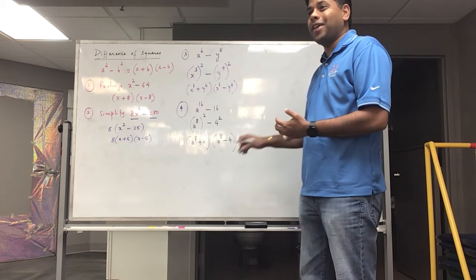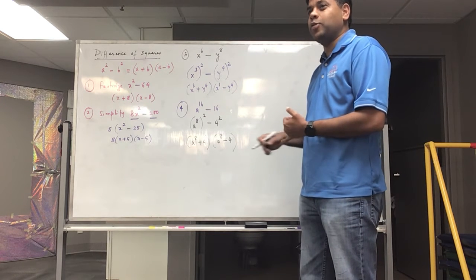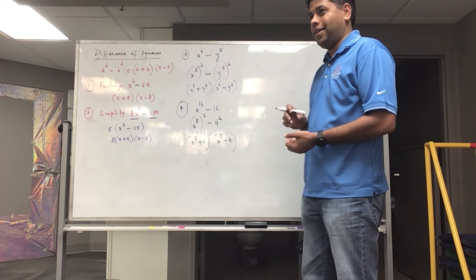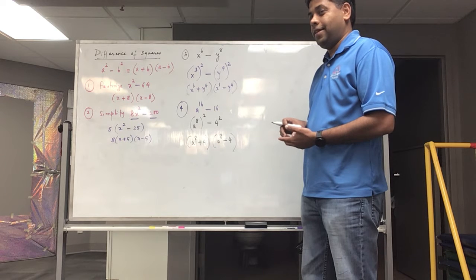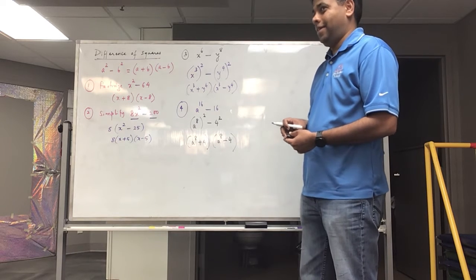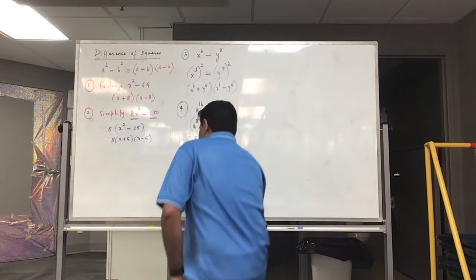So this was choice A, and this is what people wrote. Is it a to the 8 plus 2? Or no? Maybe a to the fourth plus 2, and then a to the fourth minus 2. Yeah, to simplify it. Very, very good.